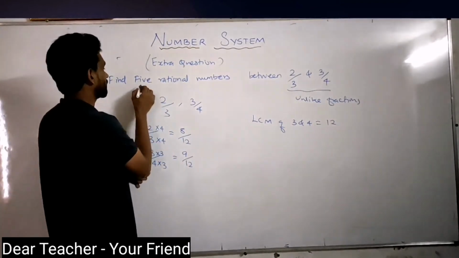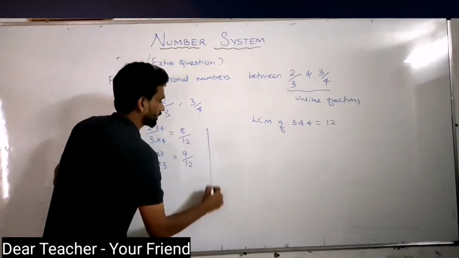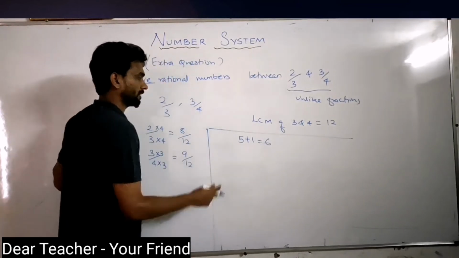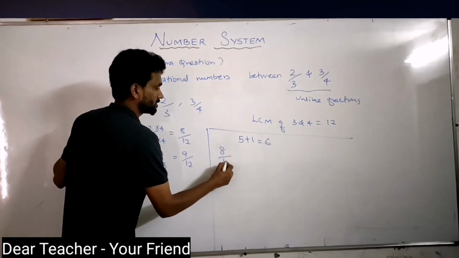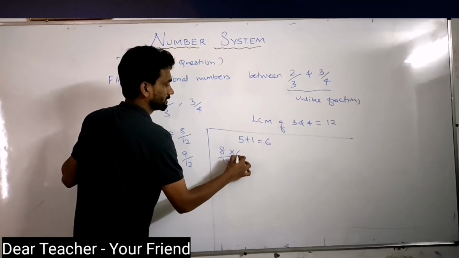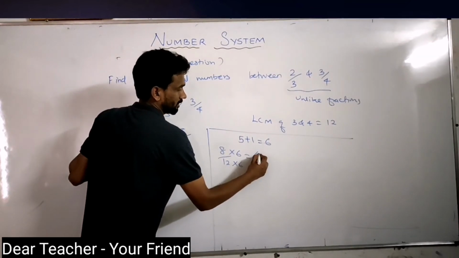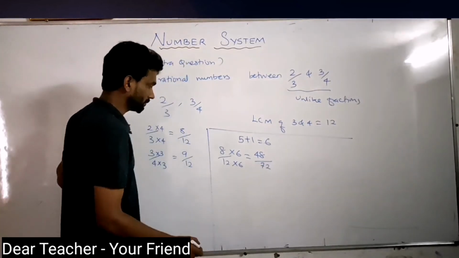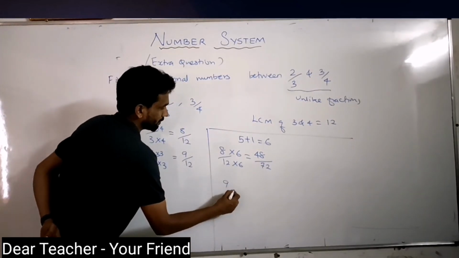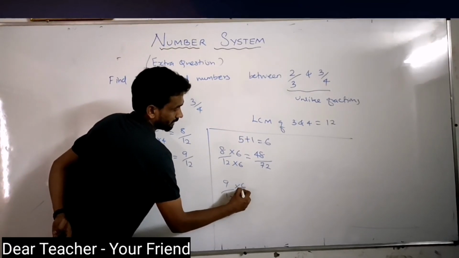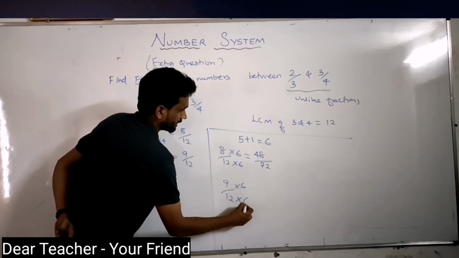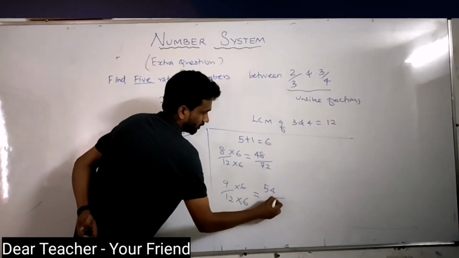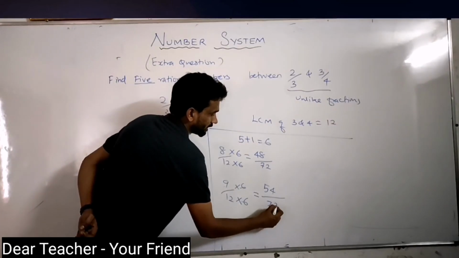Next we have to find 5 rational numbers. As usual process you can do 5 plus 1. No problem, we will get the answer. 5 plus 1 is 6. Now we can write 8 by 12 into 6, and here 6. 8 6s are 48. 12 6s are 72, and here 9 by 12 multiplied by 6 and 6. 9 6s are 54 and 12 6s are 72.